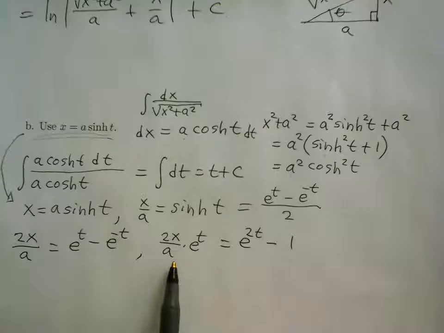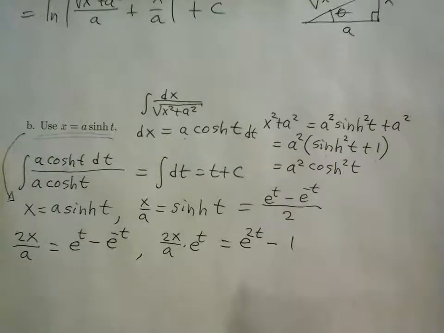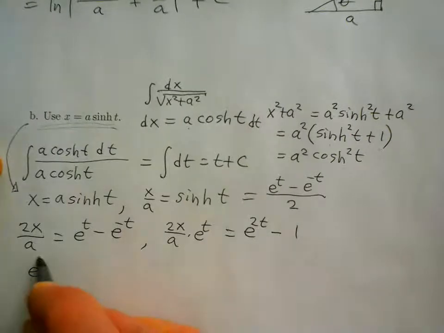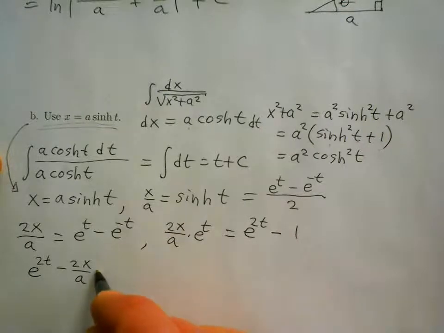Okay, now I'm going to subtract 2x over a times e to the t from both sides so that the left-hand side is 0. But I'll put all of those terms on the left-hand side in the following order. So I get e to the 2t minus 2x over a times e to the t minus 1 equals 0.